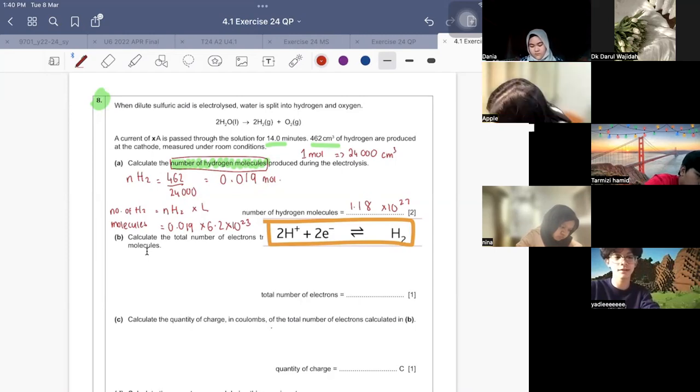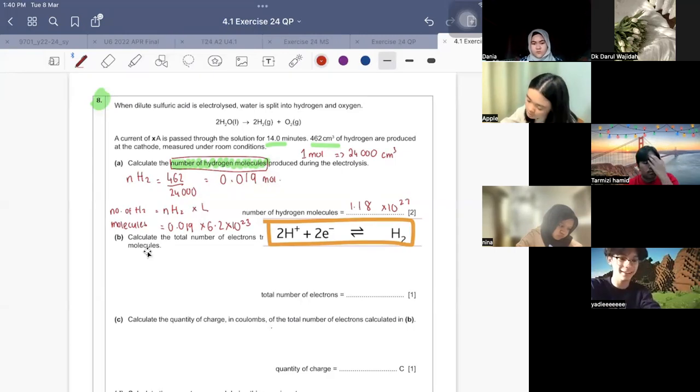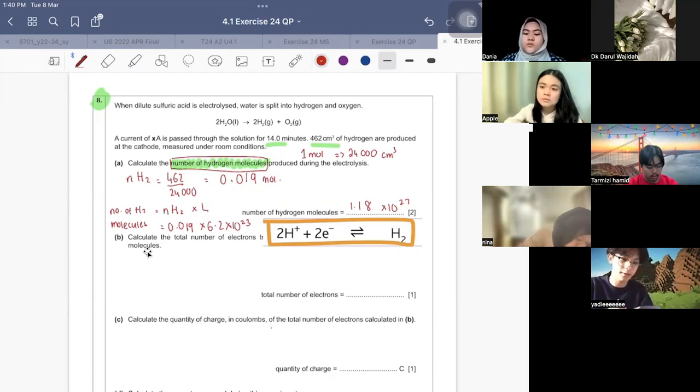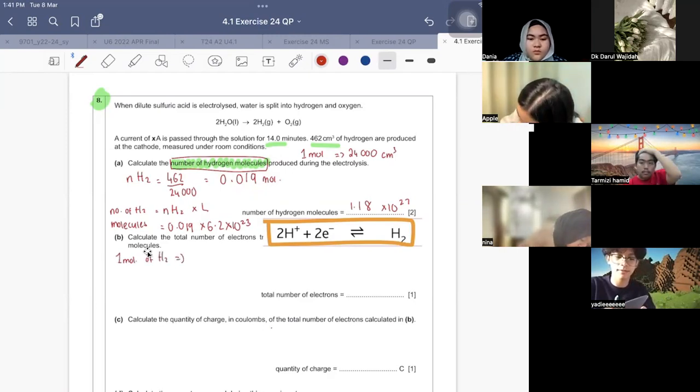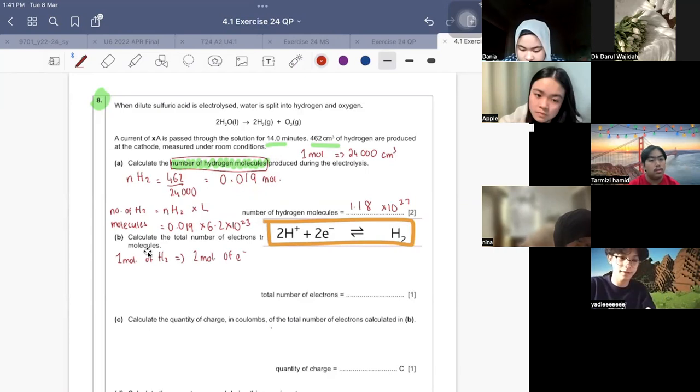Next is the number of electrons. Calculate the total number of electrons transferred to produce this number of hydrogen molecules. Okay, so if you look at the equation, 1 mole of hydrogen gives you 2 moles of electrons. That means to produce 1 mole of hydrogen, you require 2 moles of electrons.